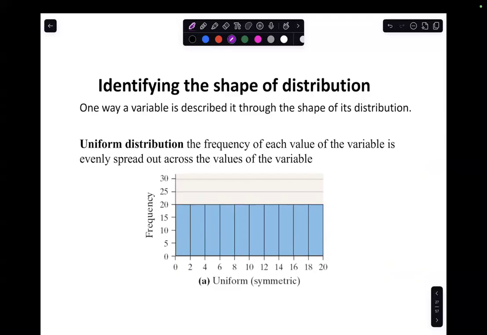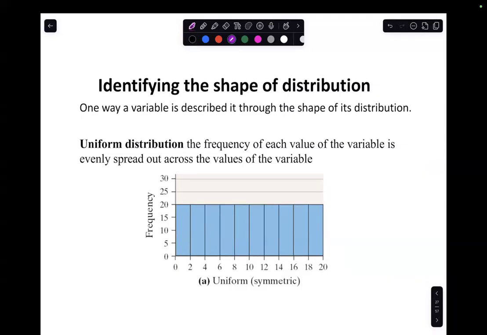Now, statisticians love adverbs. Adverbs are words that describe an adjective, and they often end in ly. So it could be mostly uniform or virtually uniform or whatever.